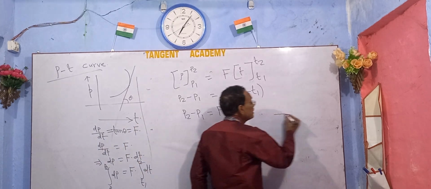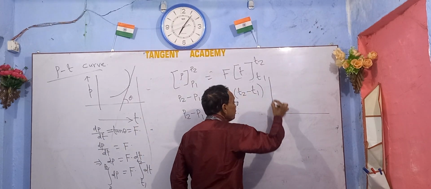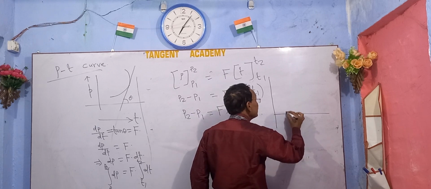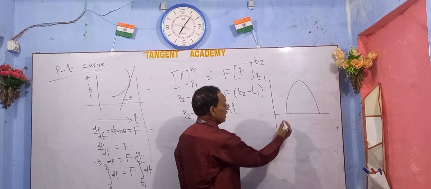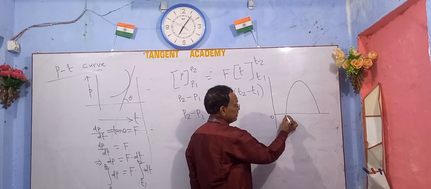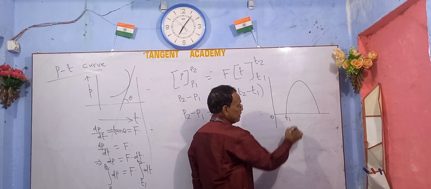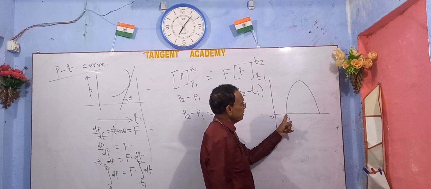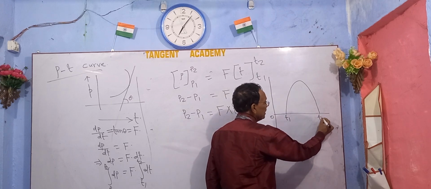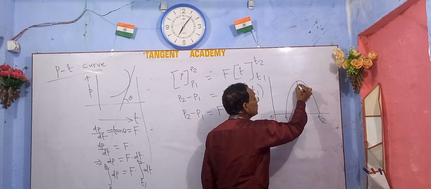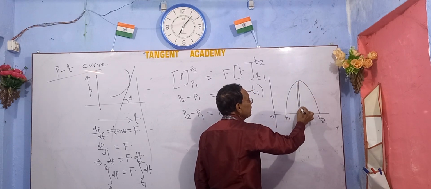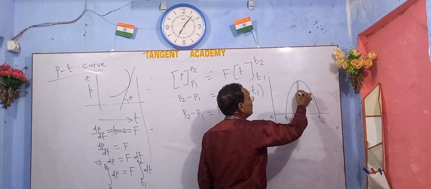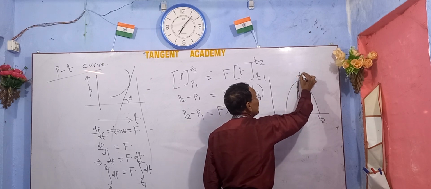Here you can see the figure, let us say the curve is as shown. This is the origin. At time T1 the body is here, at time T2 the body is here. A small slice of width dt is taken.